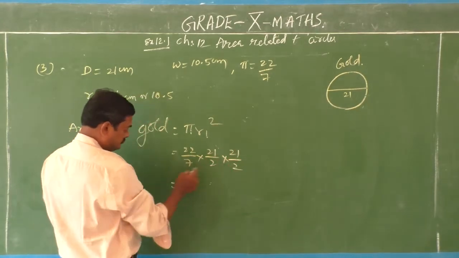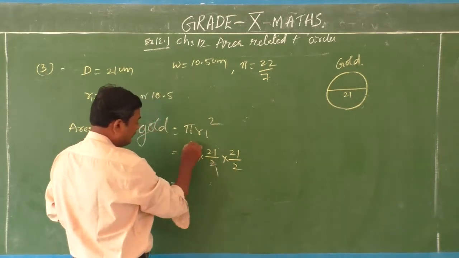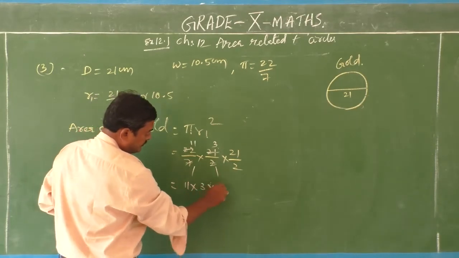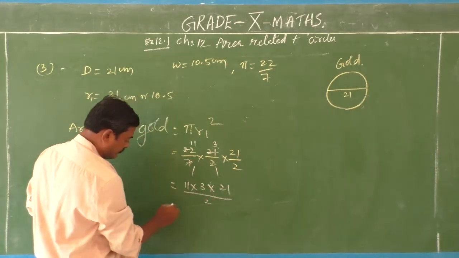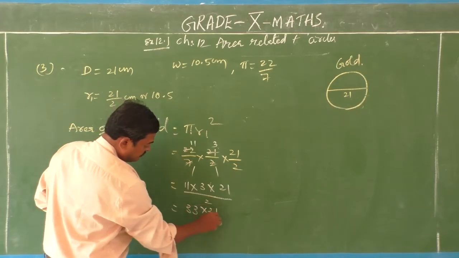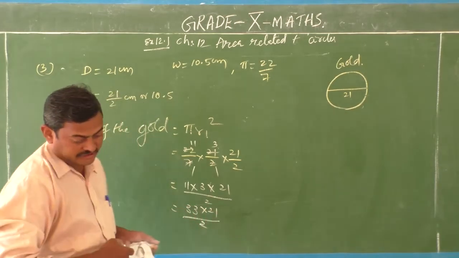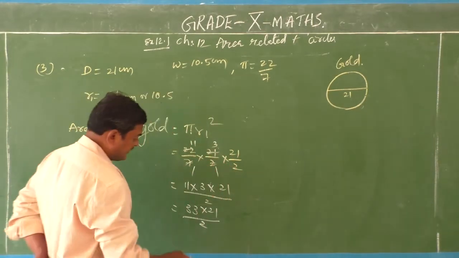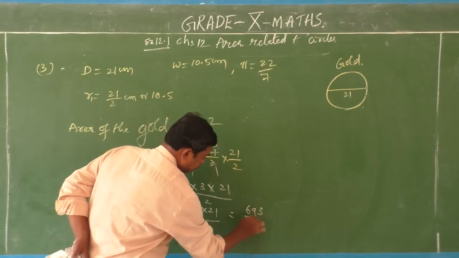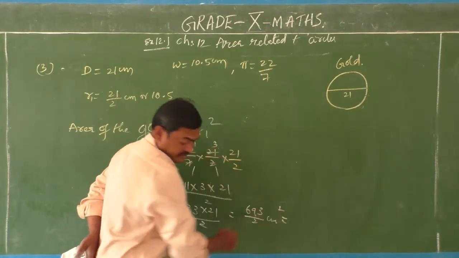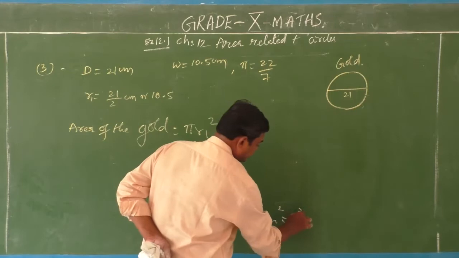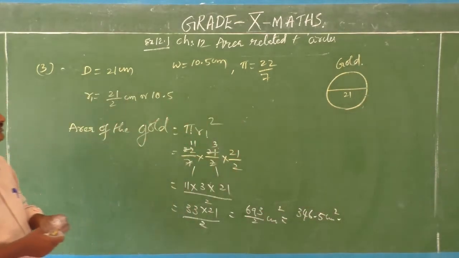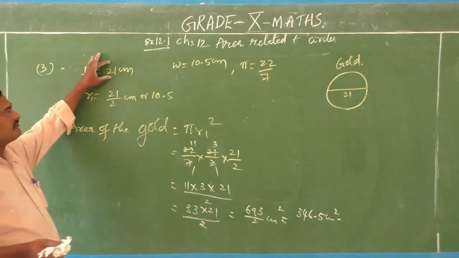Cancelling, 11 into 3 into 21 by 2 equals 33 into 21 by 2, which equals 693 by 2 centimeter square, that equals 346.5 centimeter square.